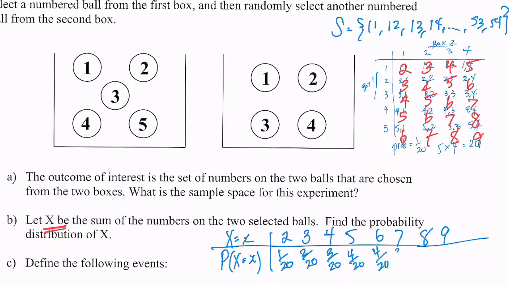Then it goes down again. 7 has a 3 in 20, 8 has a 2 in 20, and 9 has a 1 in 20 for a total of 20 over 20.